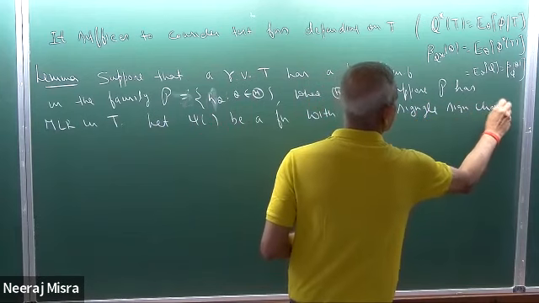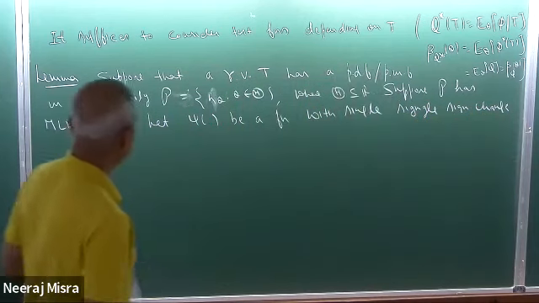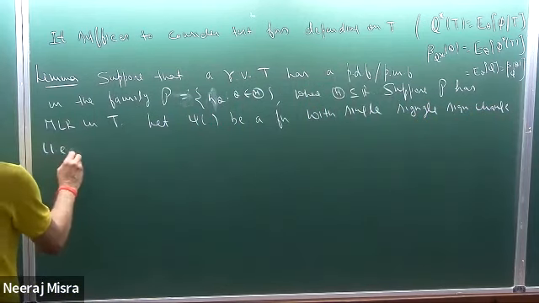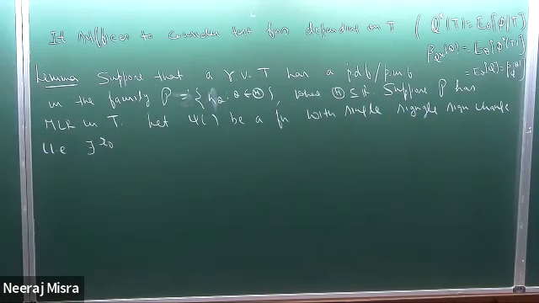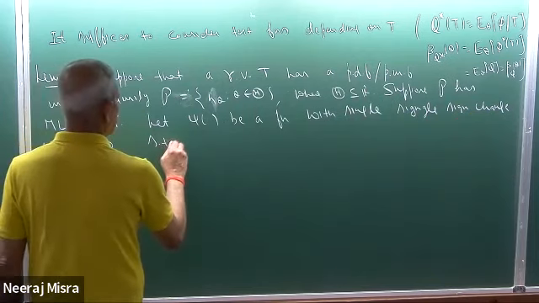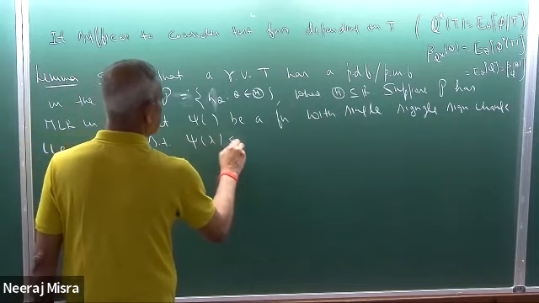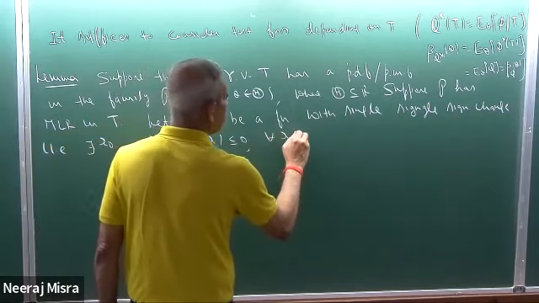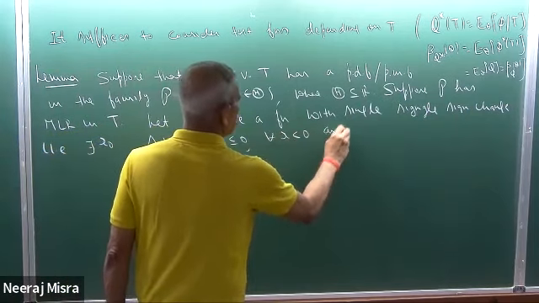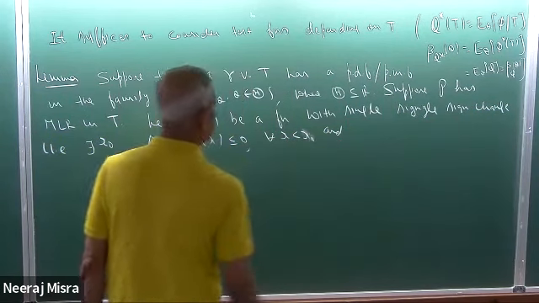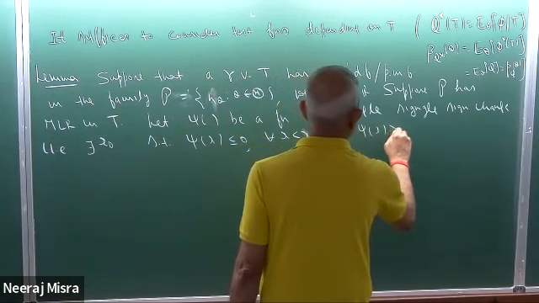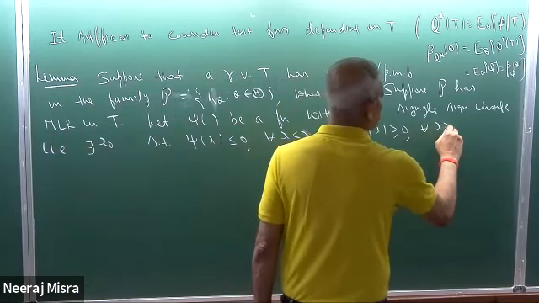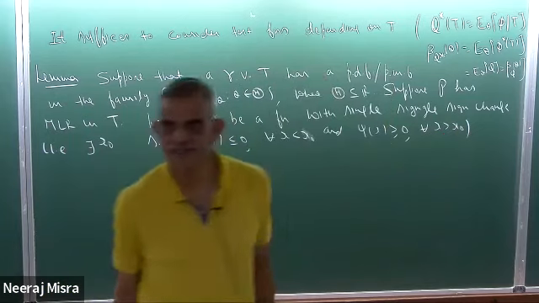What does that mean? That is, there exists an x naught such that psi of x is less than or equal to 0 for all x less than x naught, and psi of x is greater than or equal to 0 for every x greater than x naught. Any question?